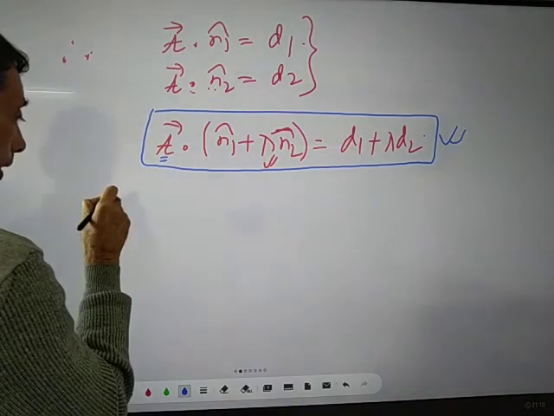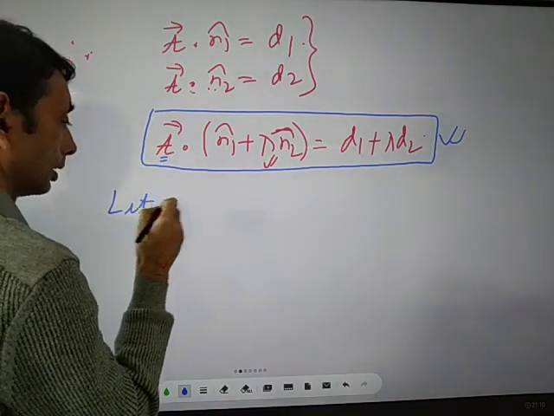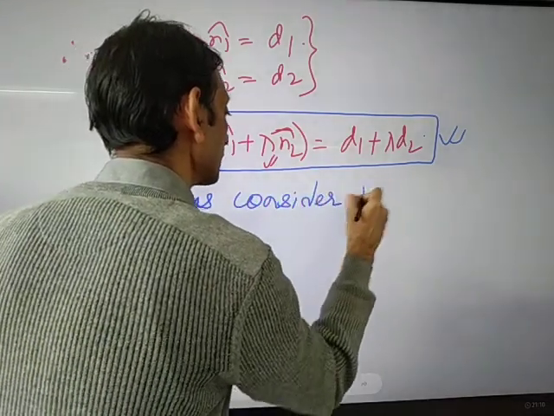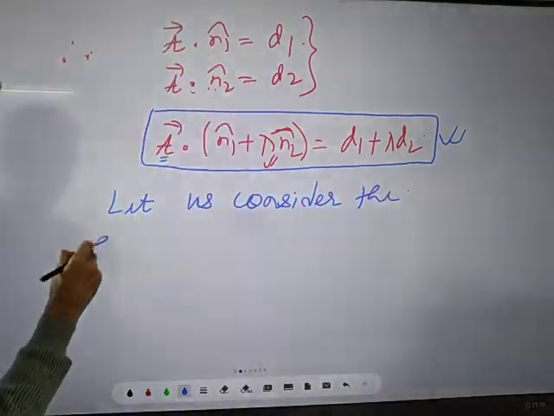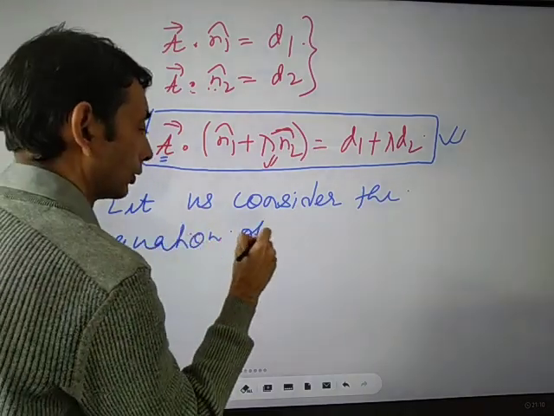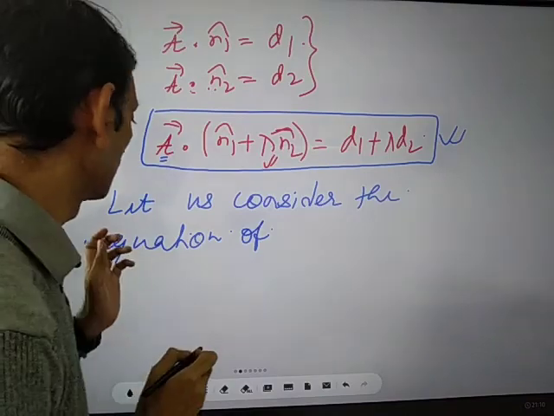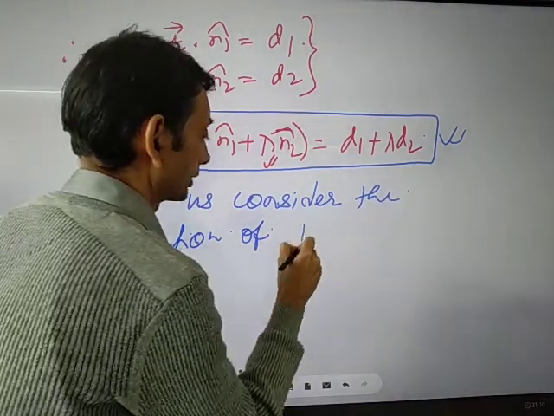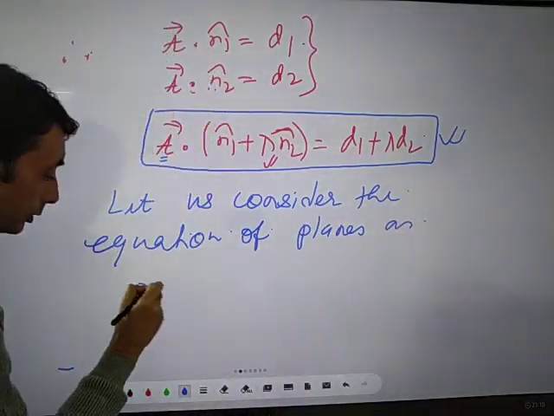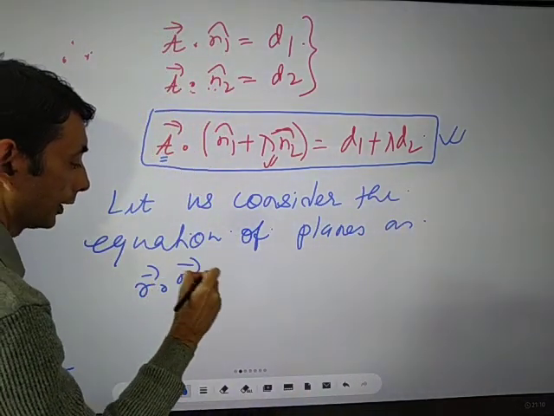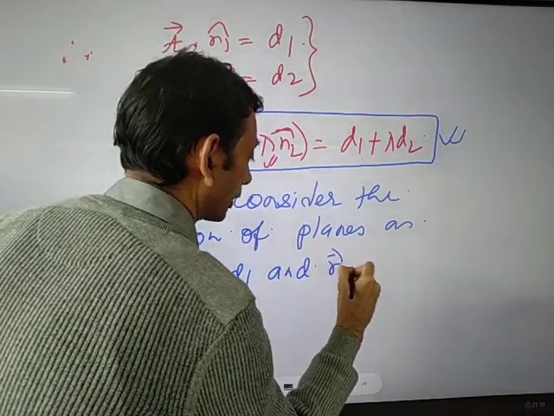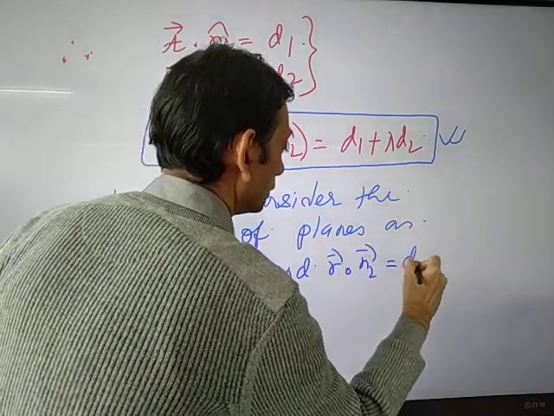Now let us consider the equation of planes as r dot n1 equal to d1 and r dot n2 equal to d2.